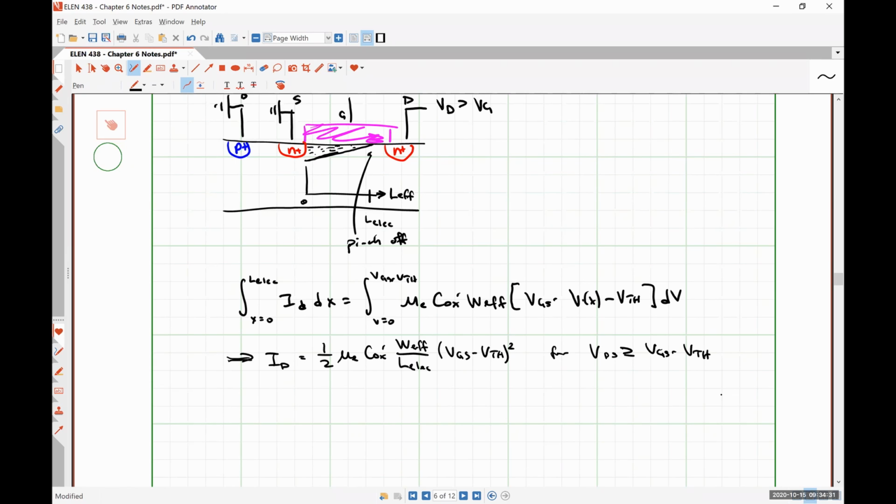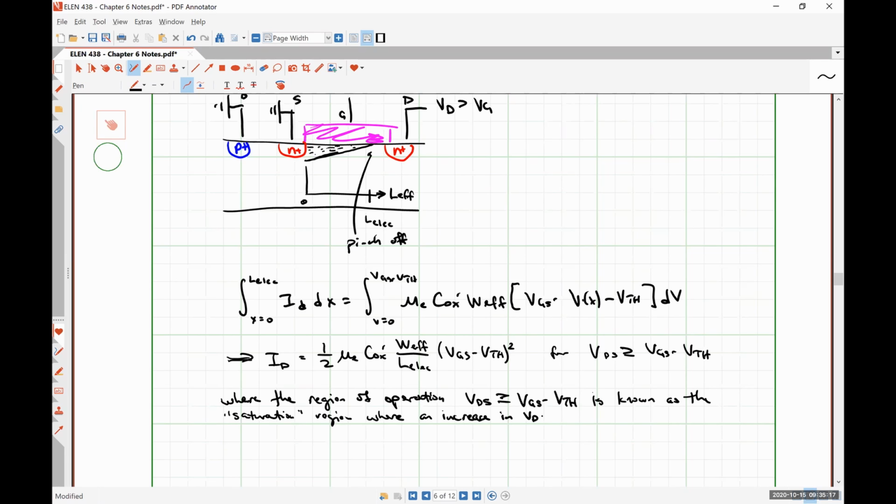This is known as the saturation region, where an increase in VDS does not cause an increase in ID.